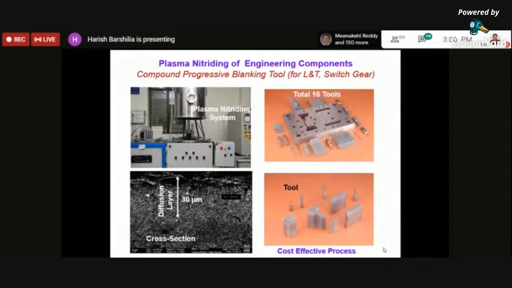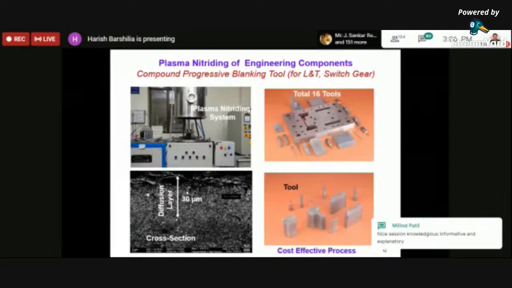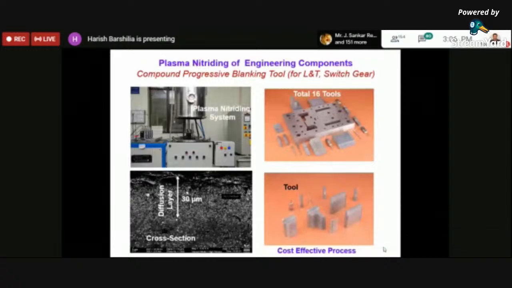So what I was talking about is that instead of these PVD coatings, you can also do surface modification of your tools. For example, you use this M2 and M42, wherein you find a lot of cobalt and other kinds of material.